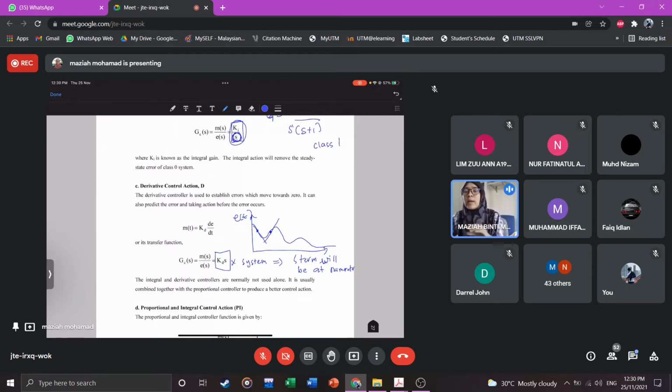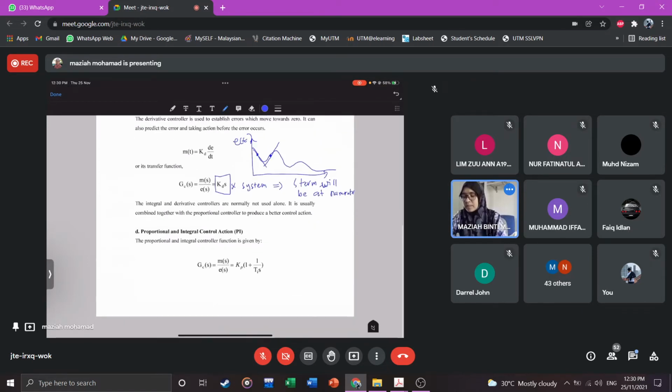But a P controller can be standalone, because it is only a gain. Instead, we need to combine P and I, a PI controller, or P and D, a PD controller, or a combination of all three, a PID controller.